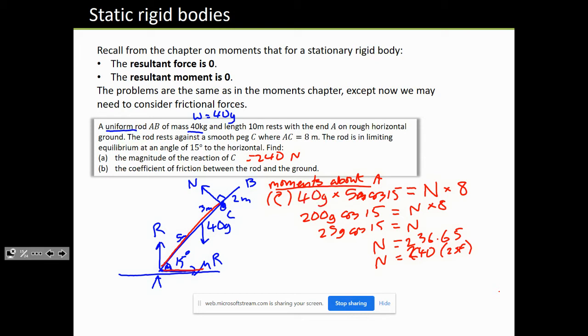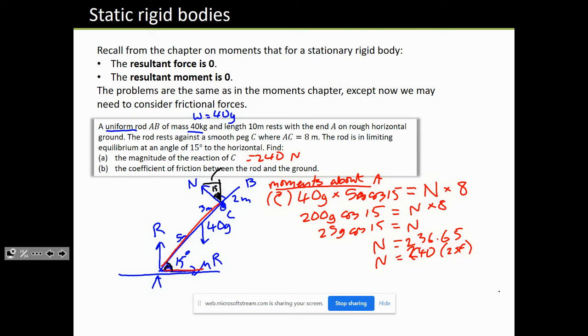Now the coefficient of friction between the rod and the ground. This is where we need to start thinking about resolving forces horizontally and vertically. Our normal reaction at the peg has a horizontal and vertical component. You can use normal geometry to figure out that that angle there is 15 degrees, just like the angle down here.